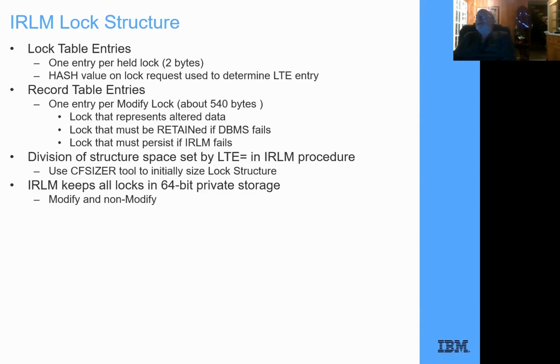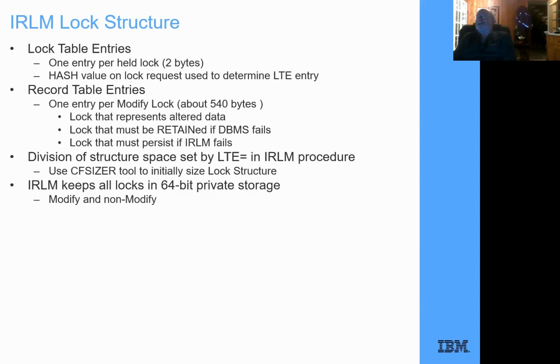This means that if you lose the coupling facility structure and all the IRLMs remain active, across all the IRLMs we have a complete picture of all the locks in the sysplex, so the structure can be rebuilt. So if you lose the coupling facility lock structure and all the IRLMs survive, the lock structure can be rebuilt in another CF.